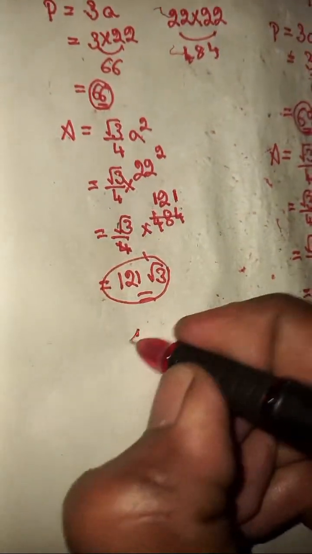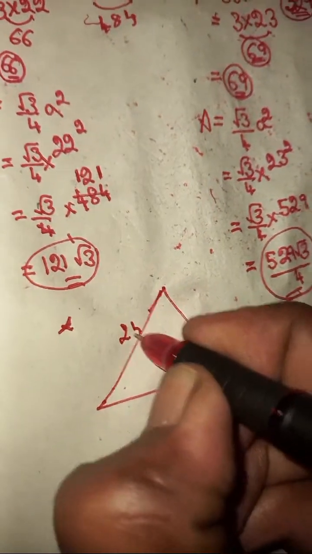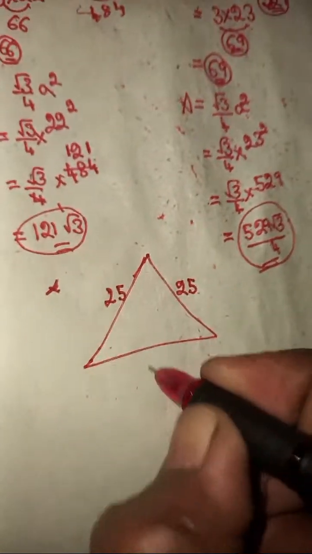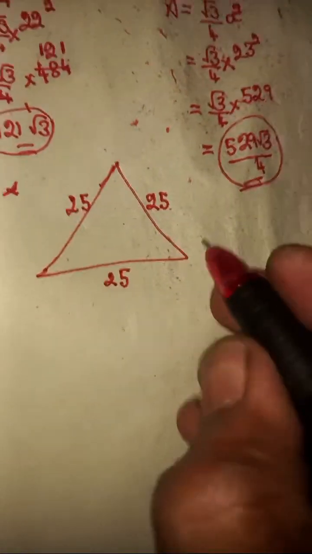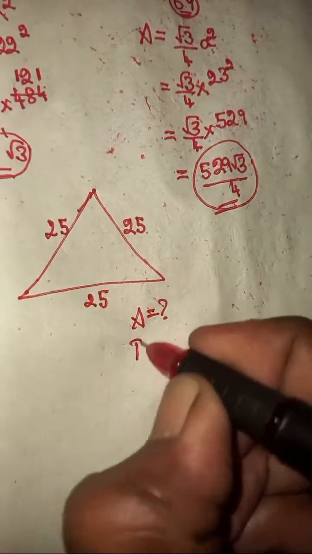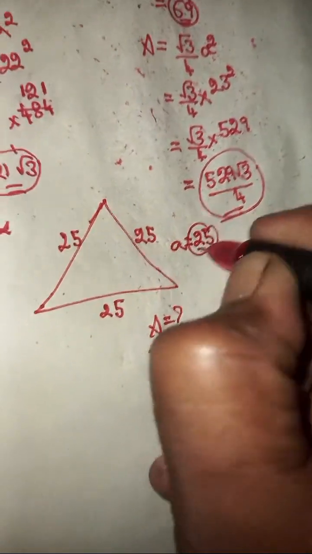In this final triangle, all sides they have given us are 25 units. When all sides are 25 units, what's the area and what's the perimeter? Here side length is 25 units.